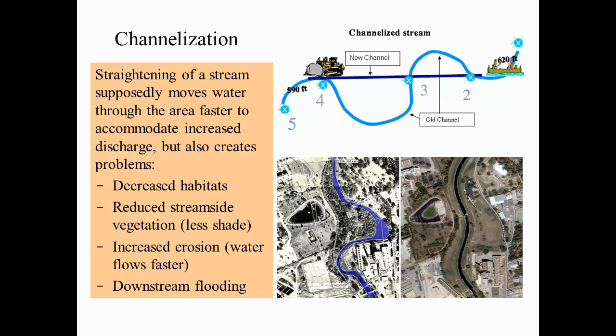Also, as you increase the velocity of the water through straightening of the channel, this also increases erosion because the water is flowing faster, and ultimately results in downstream flooding at the next bend. But here in the lower pair of photographs, we see before and after pictures of channelization, basically channel straightening.